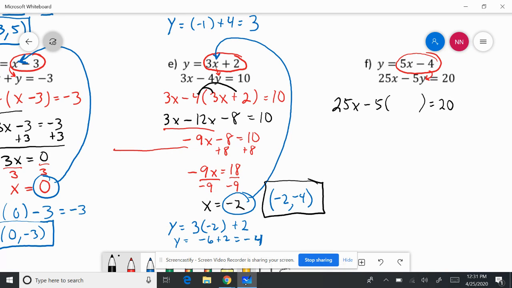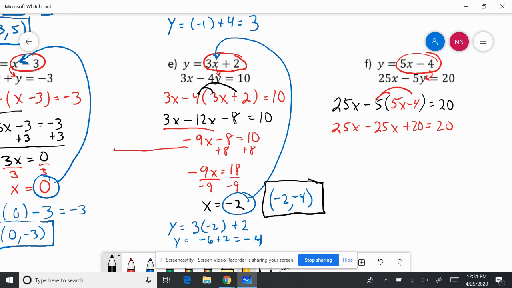But instead of a y, we're plugging in the 5x minus 4. We're going to distribute the negative 5 to each of the terms. So we get 25x minus 25x plus 20 equals 20.